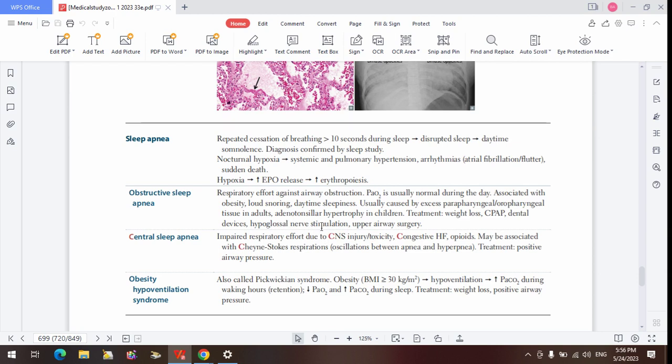You guys remember the survival reflex, which will bring about daytime sleepiness from the fact that they want to compensate in the daytime by sleeping more. So the two main causes are obesity, which brings about an increase in the fatty tissue around the pharynx, as well as adenoidal hypertrophy in children.